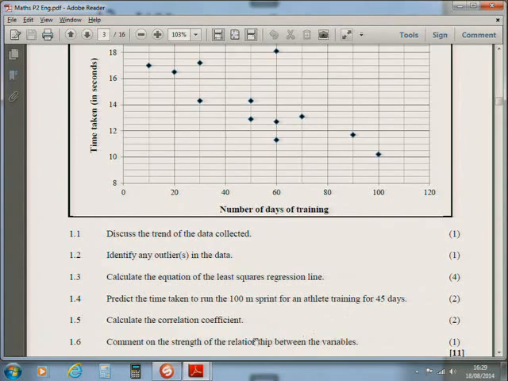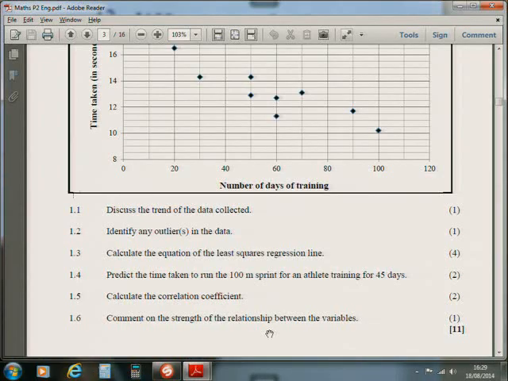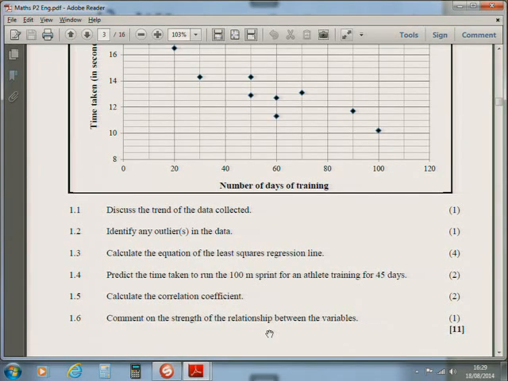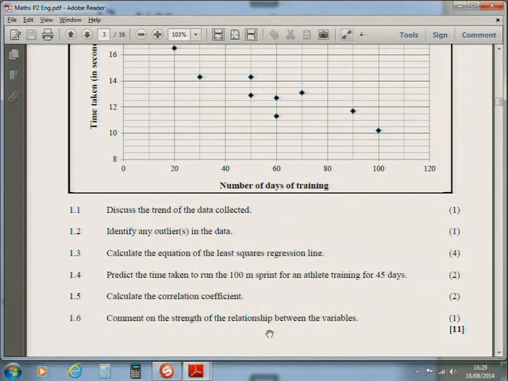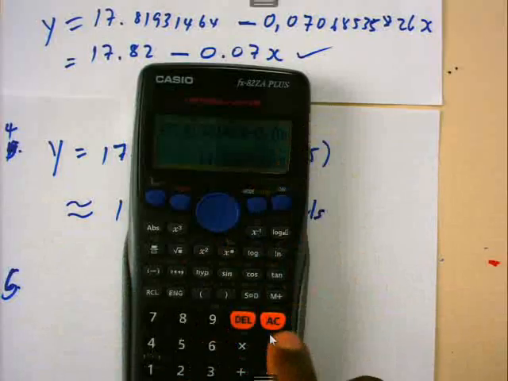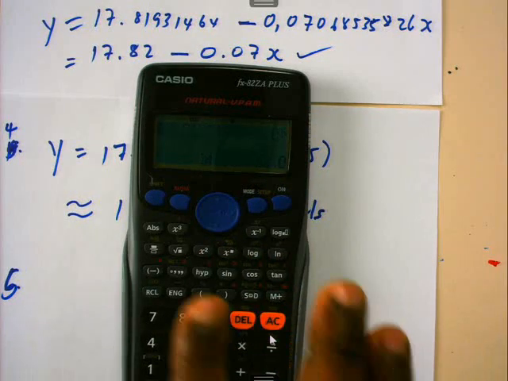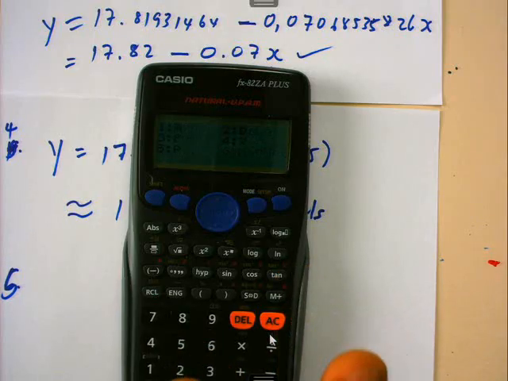At least comment on the strength of the relationship. You see number 6 now. Comment on the strength of the relationship. In fact, number 5 said first, I skipped the first one. Number 5 first said, calculate the correlation coefficient. We still just go back to our calculator. Remember we have done this already. We say AC on the calculator, shift stat, and we say 5 is regression, R is 3.